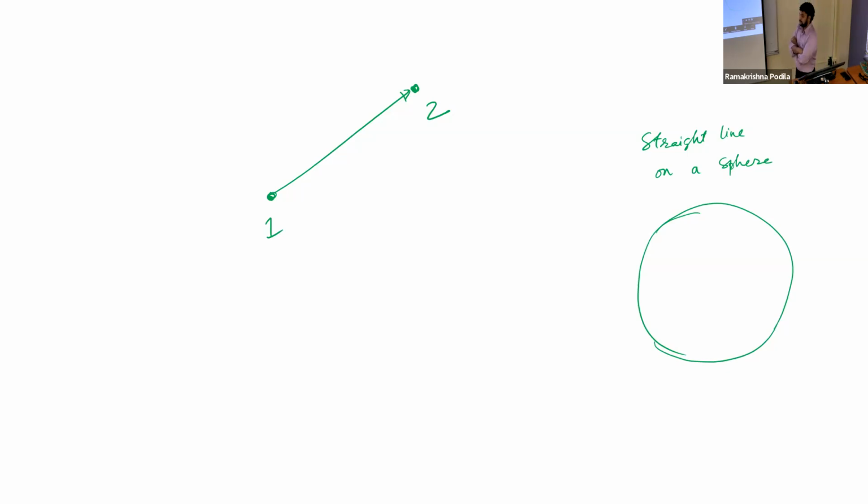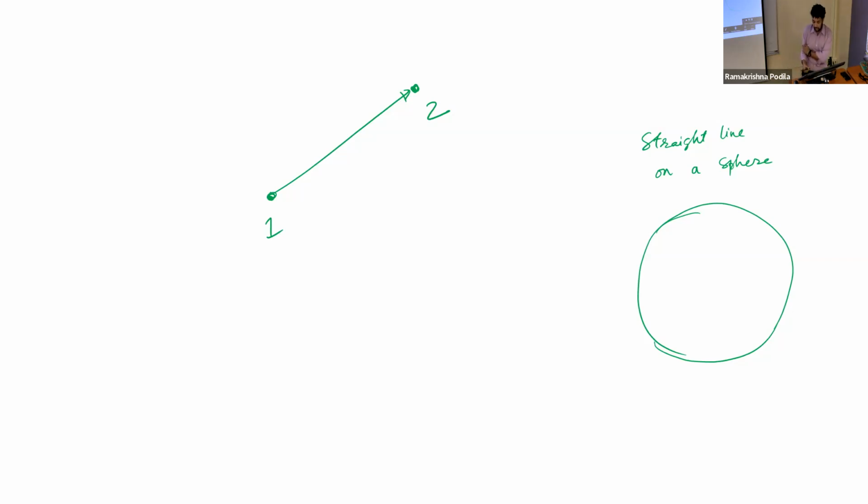On the equator. No, there could be any between any two points, right? Straight lines between any two points. Let's say you're on Earth, spherical, right? So you go from one point to another point.